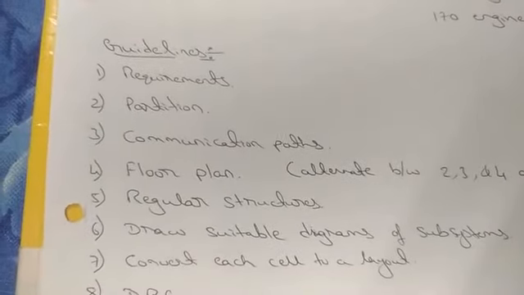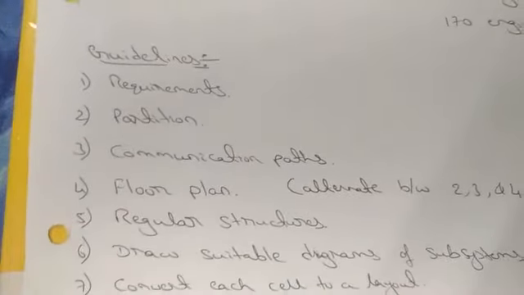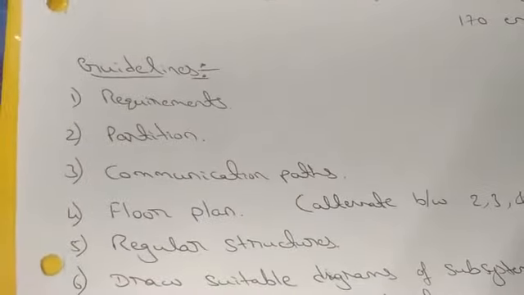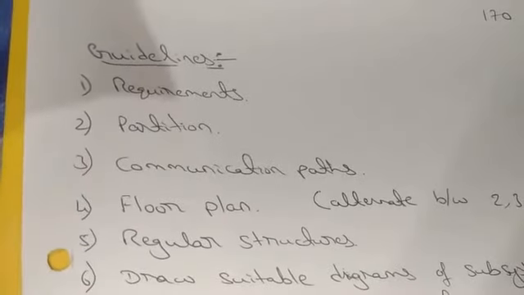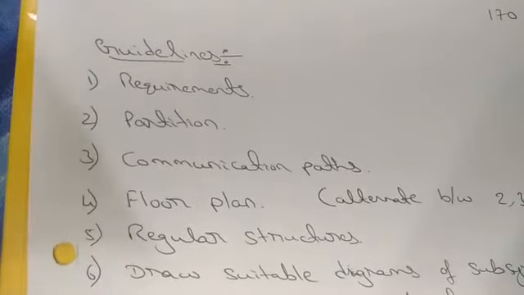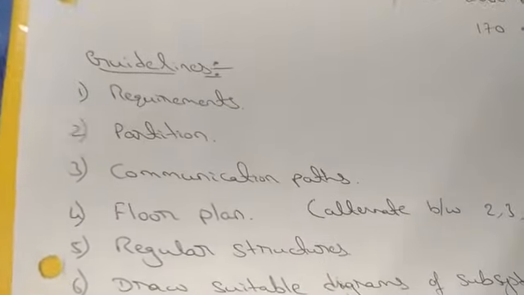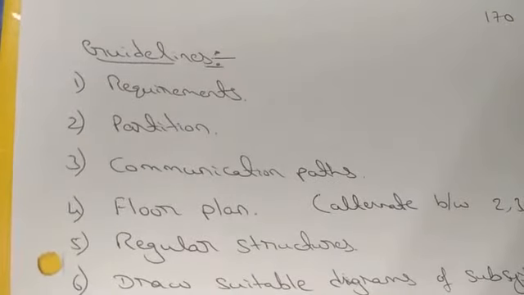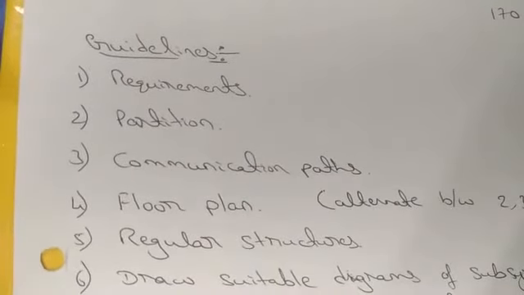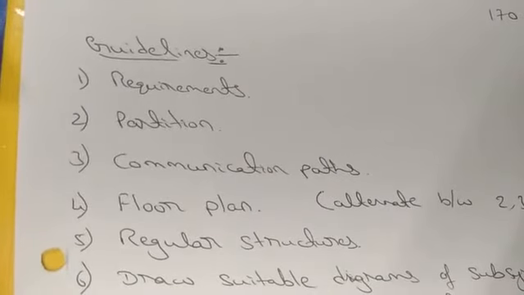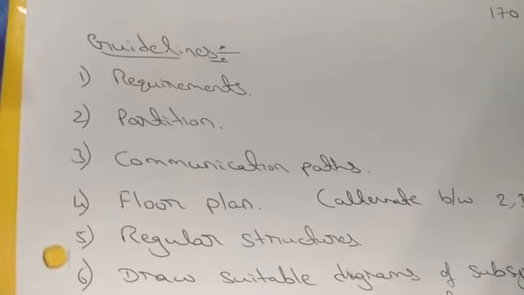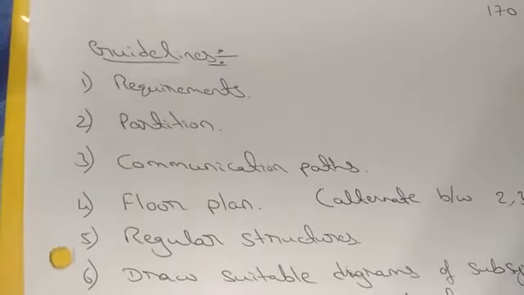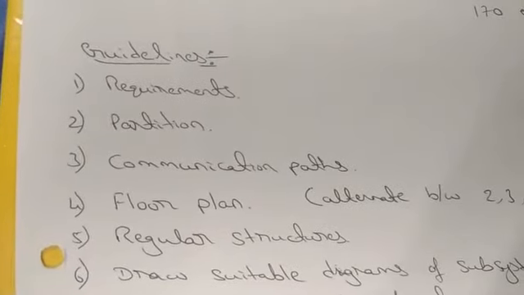Next, partitioning: we should partition the overall architecture into appropriate subsystems. Next, communication paths should be chosen carefully in order to develop a sensible interrelationship between the subsystems, so there should be connections.